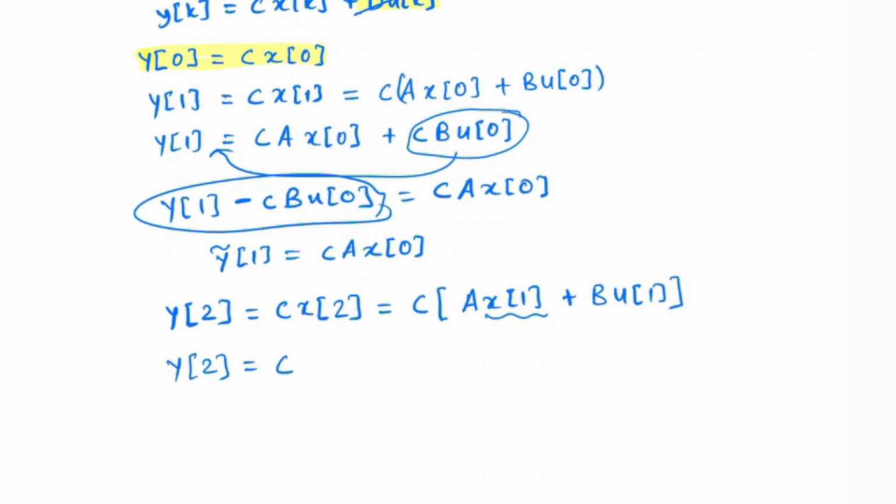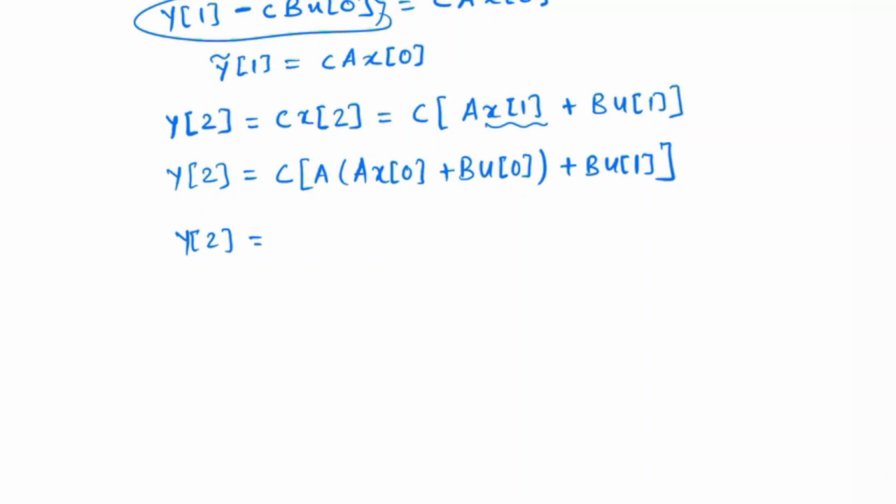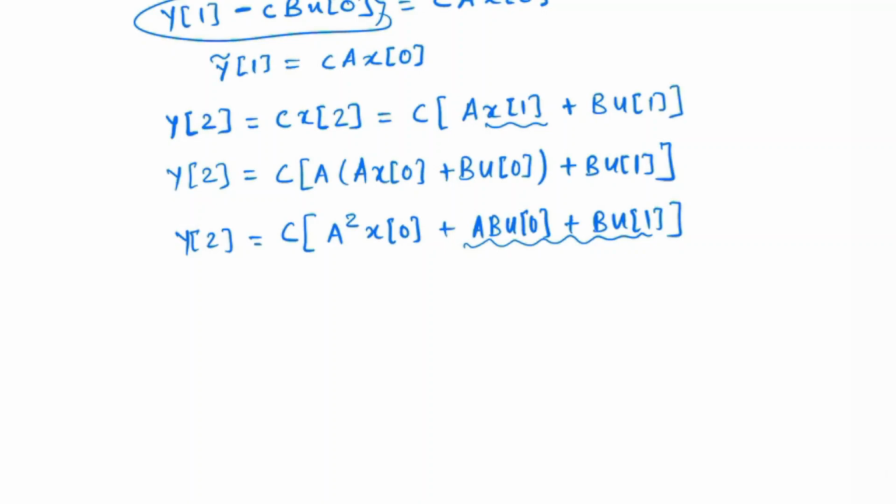So y of 2 is equal to C into, so if I were to take these input terms again, which are known to me, and move them to the other side, you can define y tilde of 2 as y2 minus CABu of 0 minus CBu of 1.